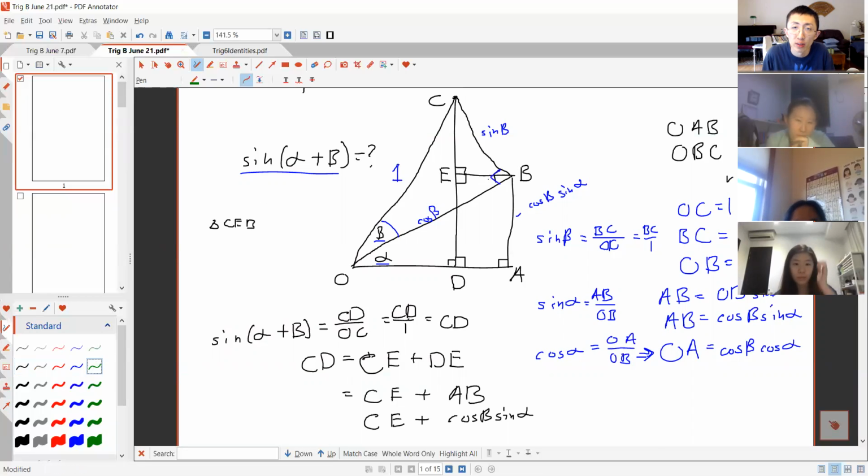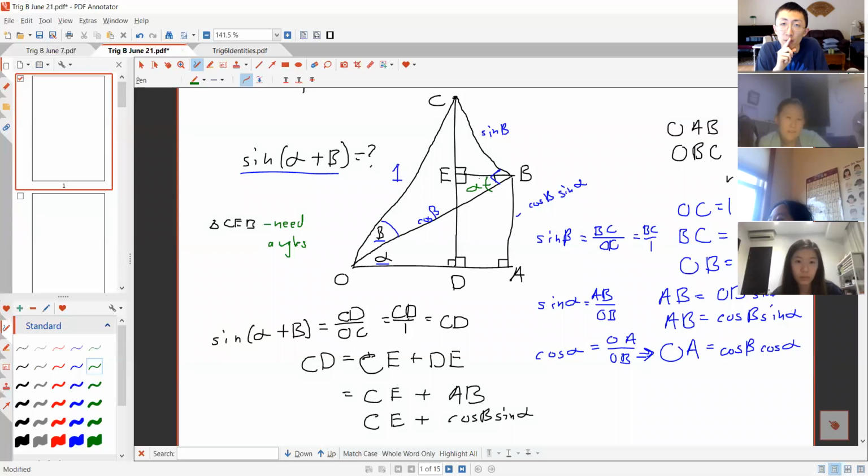So what would this angle be in terms of alpha and or beta? I think it's alpha. Yeah, why is it alpha?